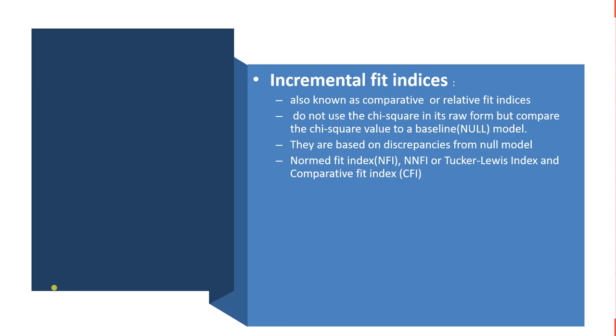It only tests whether the pre-hypothesized a priori model is discrepant from the model obtained from the data or not. But here we compare it with a baseline or null model. So they are based on discrepancies from the null model or the baseline model.